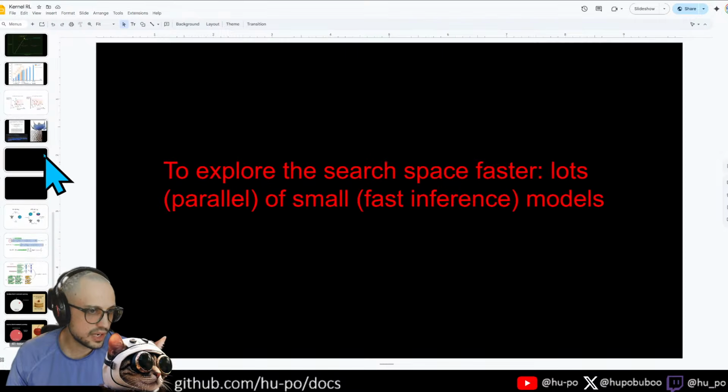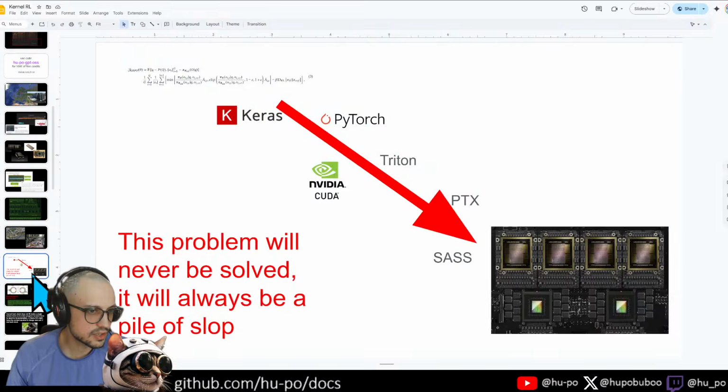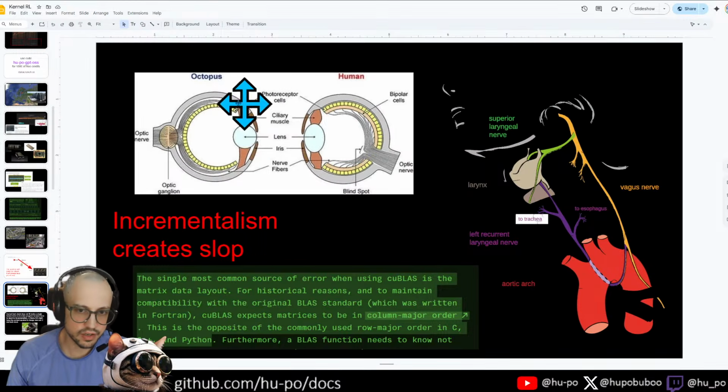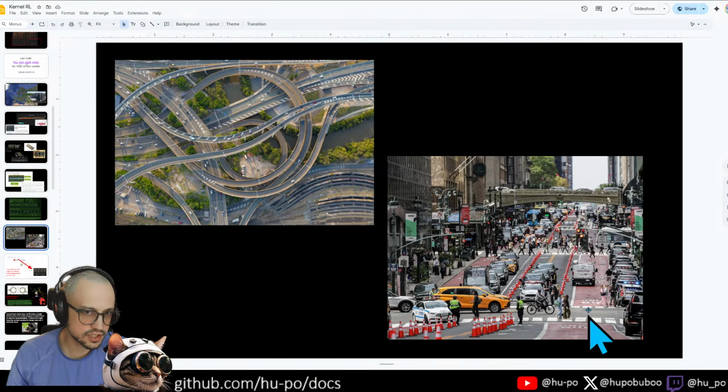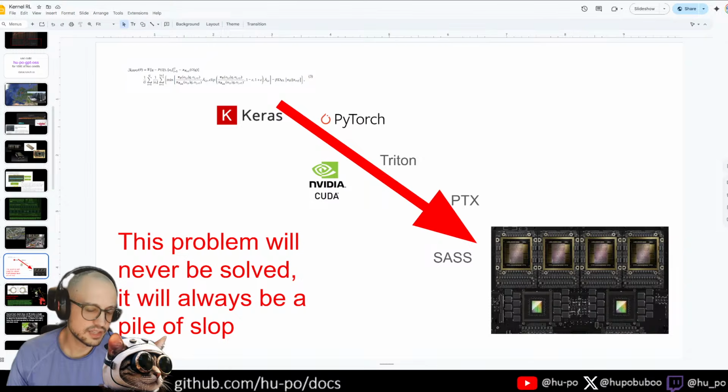GPUs are this giant pile of slop. We're never going to really solve this problem. It's like the weird slop that we have in our body, or the slop and inefficient design in our system. This same incrementalism of evolution and of building is exactly the problem we have in deep learning, where every single part has all these weird caveats. They've all been designed in silos because nobody's ever been able to fit the whole thing end to end in their head.